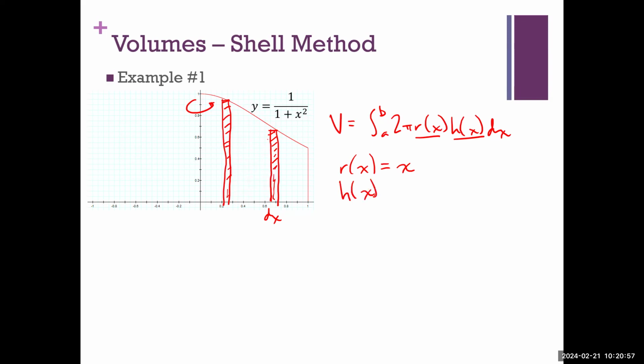What's the height going to come from? The height comes from y, right? If I want to know how tall each one of these things is going to be, it's going to come from how high up on this curve I am. So the height function is going to come from y, but I can't use y in my integral. I have to re-express it in terms of x. In this case, we do know what y is in terms of x.